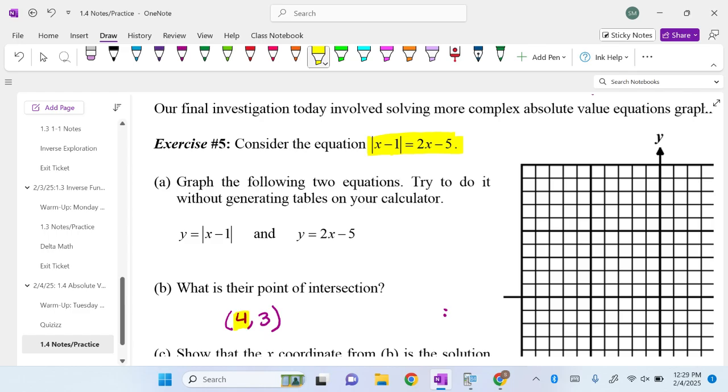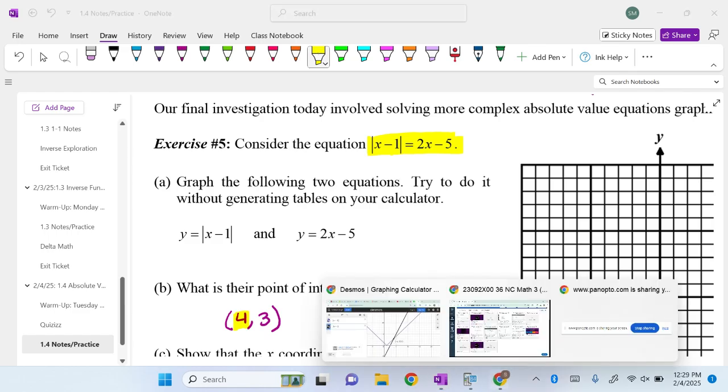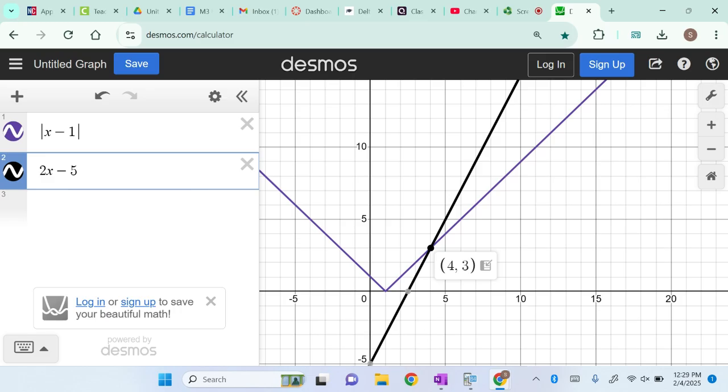All right, that's a really good strategy to use on the EOC. Do exactly what we did in Desmos here. Just plug in both sides of the equal sign into Desmos, find that point or points of intersection. And it can work for a regular equation too. So let's say I wanted to solve for when the equation was equal to 1.